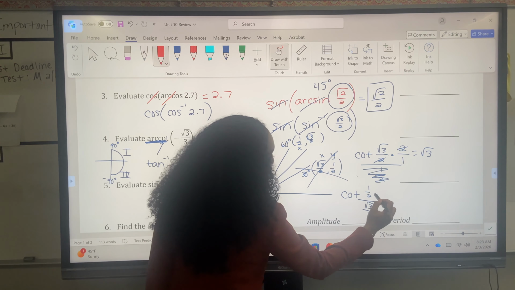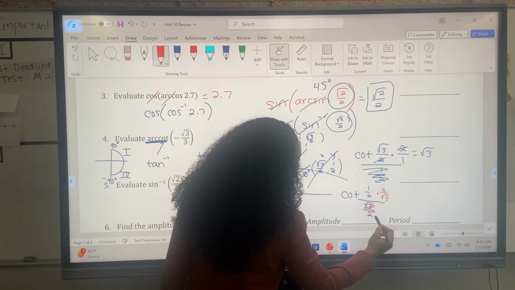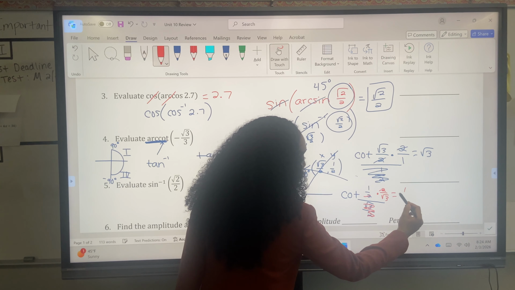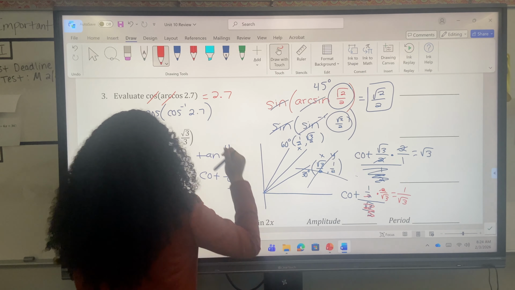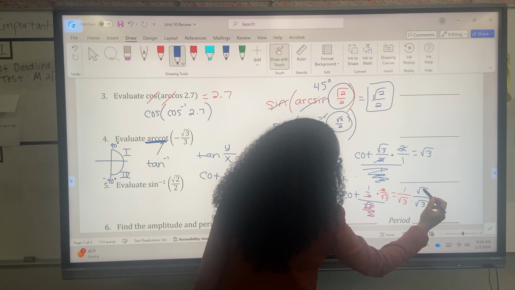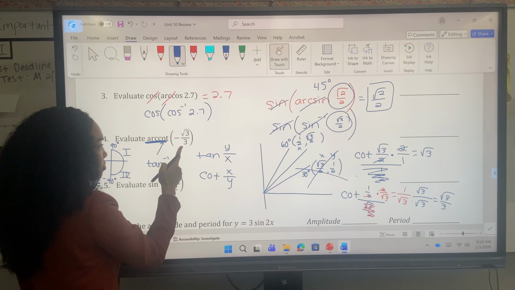So I'm gonna write this as times 2 over square root of 3. The 2's will cancel out. You're left with 1 over square root of 3. And you cannot leave square roots in the denominator. So you're gonna multiply this by square root of 3 over square root of 3. So your answer is square root of 3 over 3, which is what they want.